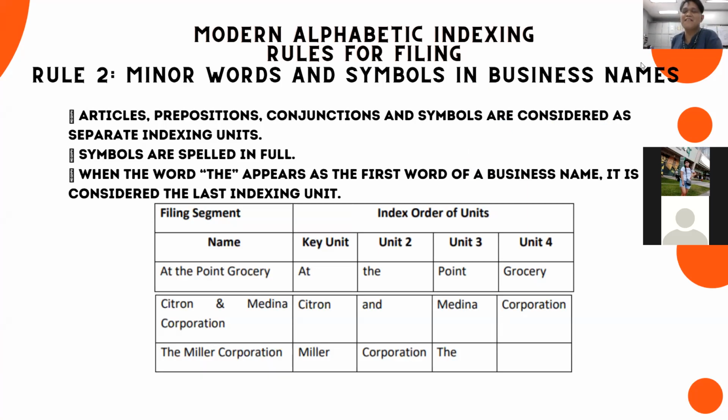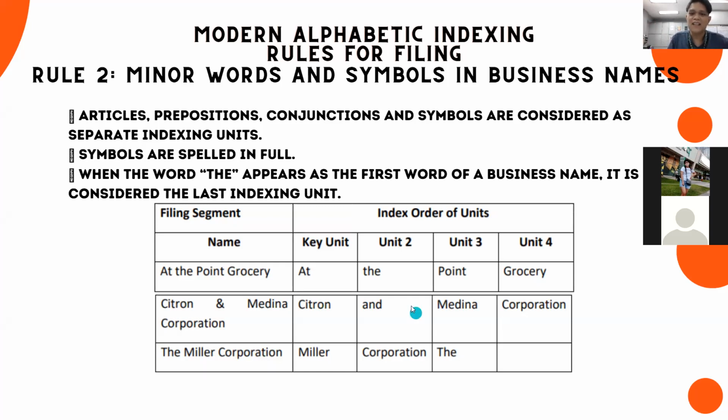So, ibig sabihin, it's just to emphasize or to modify the word. Kaya hindi natin pwedeng gamitin as the first key unit ang "the". Pero ang "at", specific kasi yan, kaya pwede mo siyang gamitin as a first word. Pero yung "the", that will be for the last indexing unit natin.